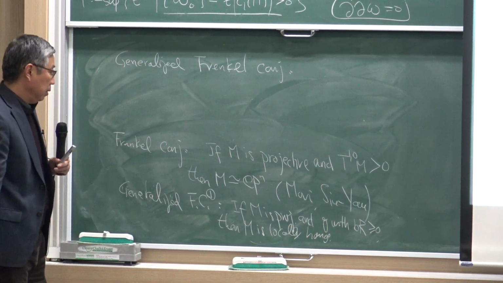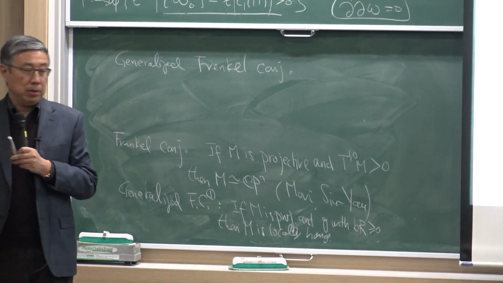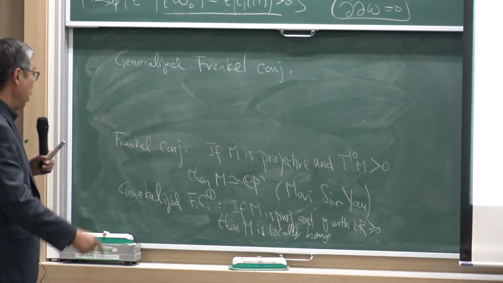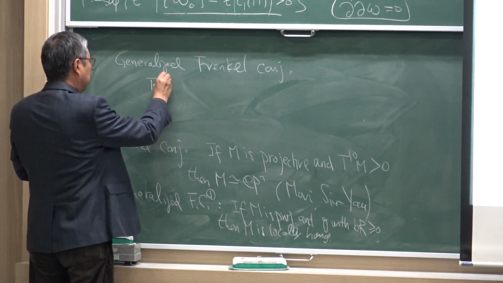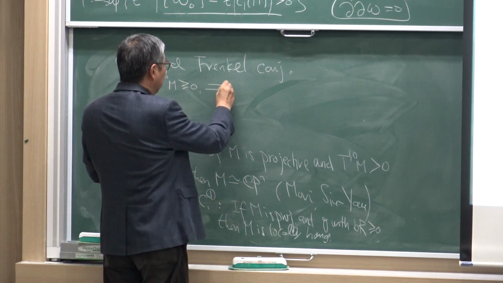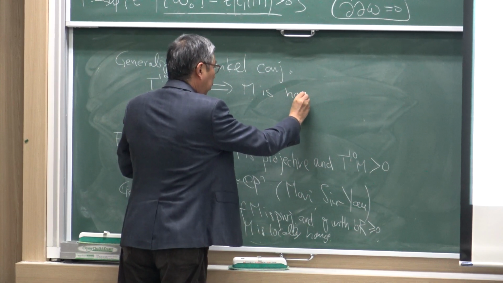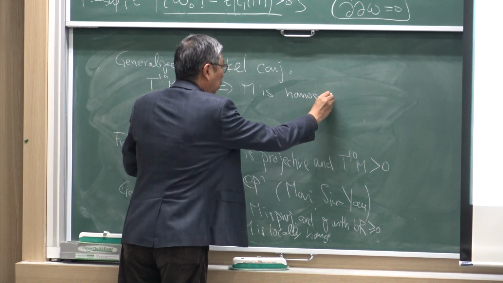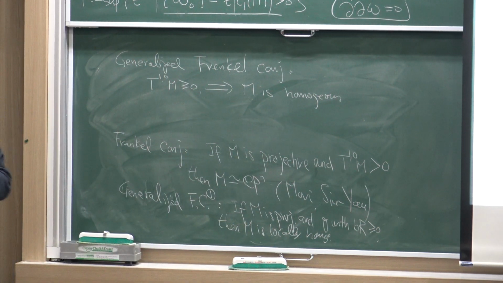So it's a locally symmetric space. There is a generalized conjecture which says that if you just assume the tangent bundle TM to be numerically effective, that should imply M is homogeneous. And this is only known up to dimension 3.